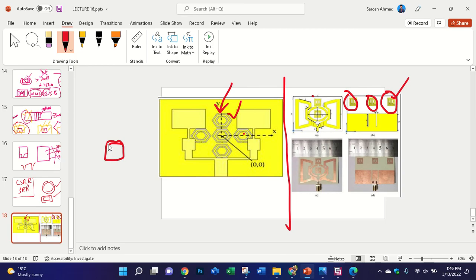I was really confused. I asked him, did you simulate this unit cell or not? Why are you calling this metamaterial? He told me that this is another type of metamaterial. We do not simulate this unit cell, and we just add small patches on the ground plane, just like that.